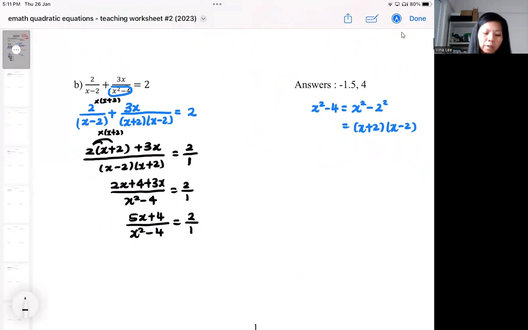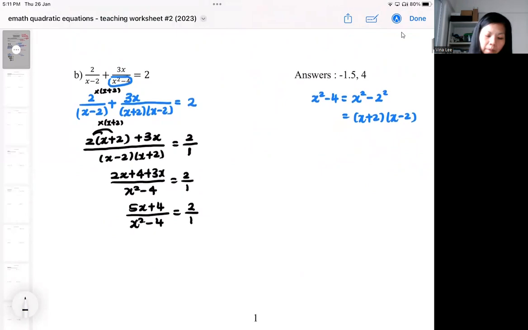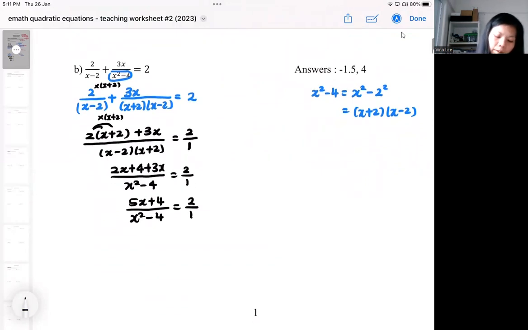So I'm adding up the two fractions. The only way to add up is to make sure the denominators are the same first. That is the challenging part. Then after that, you do your cross multiplication.